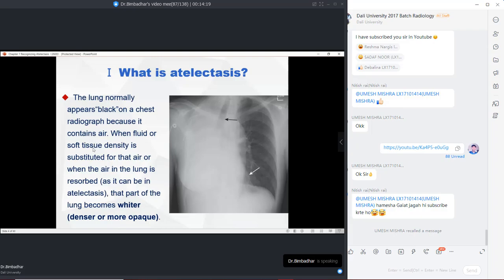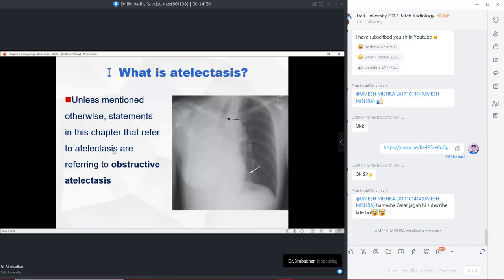In atelectasis, it is a soft tissue density because of the resorption of the air by complete shrinkage of that lung. Lung is a soft tissue, and all of the lung is brought together, so that's the reason it becomes whiter, denser, and more opaque, right? That is the first thing that happens, right?